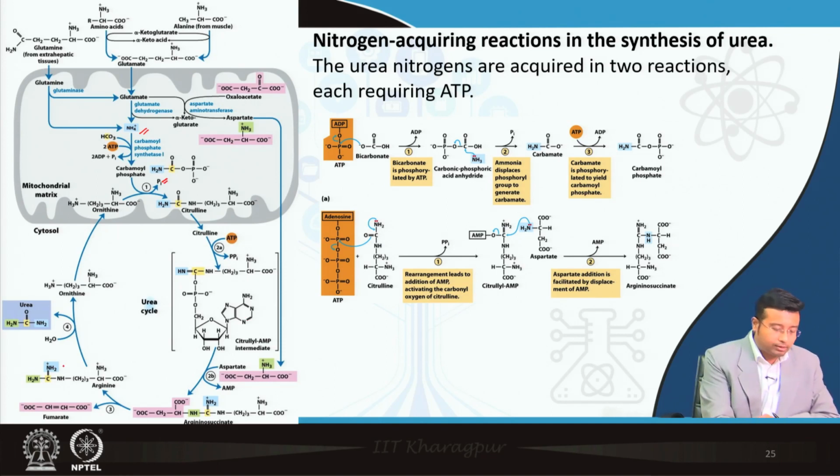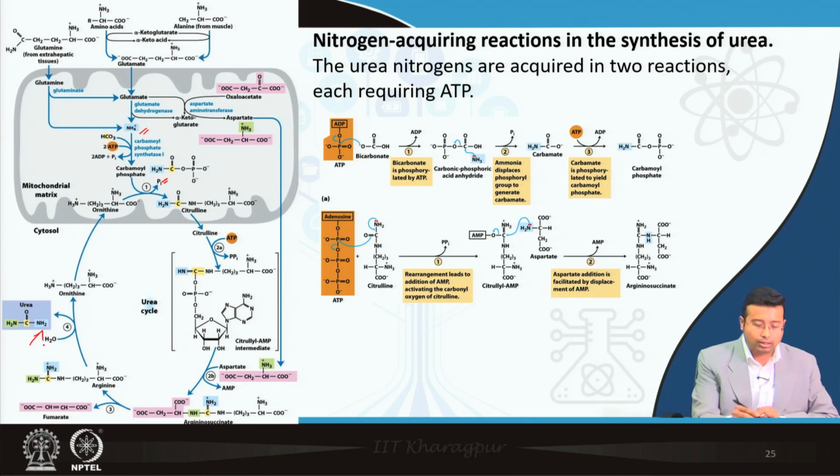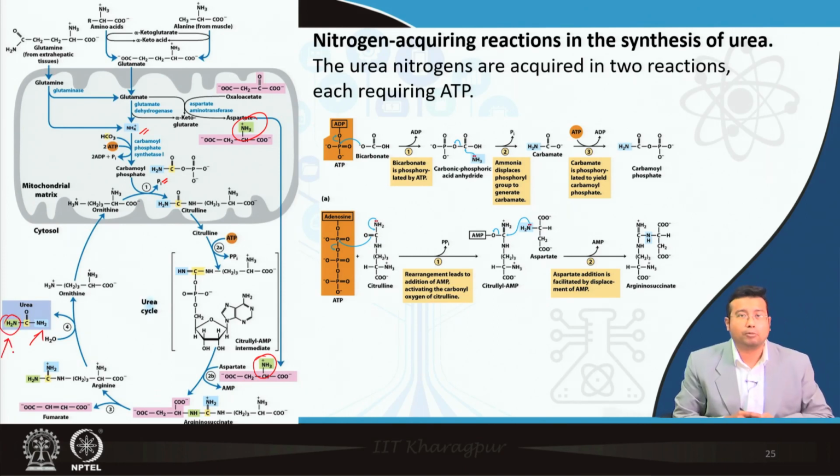So, the first nitrogen of urea is from ammonia via carbamoyl phosphate. Where is the second nitrogen coming from? The second nitrogen is the green one, which is coming from aspartate via this reaction, alright. So, first one nitrogen from ammonia via carbamoyl phosphate, and second one is from aspartate, alright.